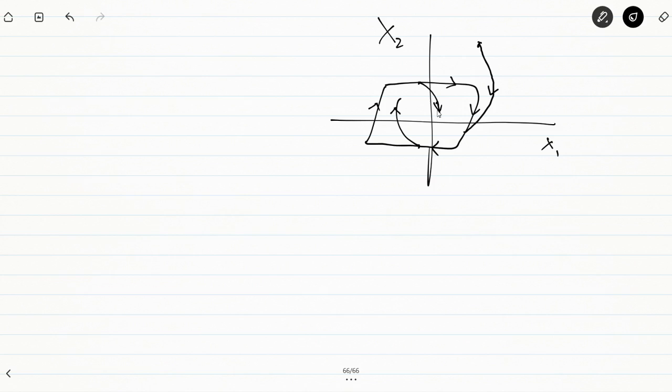Fine. So limit cycle will be stable if all the trajectories within the vicinity of this limit cycle will converge towards it as t tends to infinity. Limit cycle will be unstable if all the trajectories in the vicinity of this limit loop actually will diverge away from it.